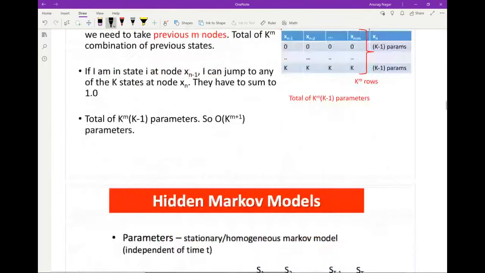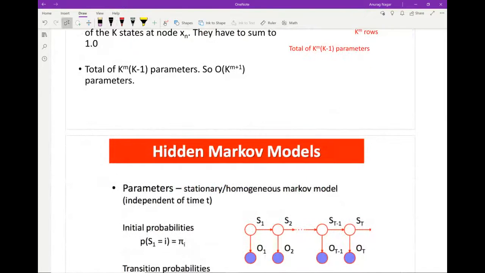If you have m order dependence, or sorry, m variables, you could make a table like this. I have x n minus 1 and x n. The first case, which is right here, from 1, I can jump to, okay, you go backwards.